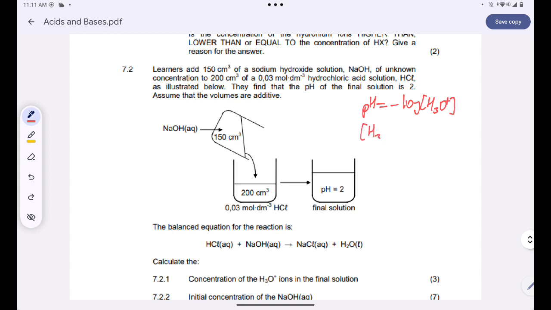For me to find the concentration of hydronium ions, I simply need to say 10 to the power negative pH. So this will be 10 to the power negative 2, which is just 0.01 mole per cubic decimeter.